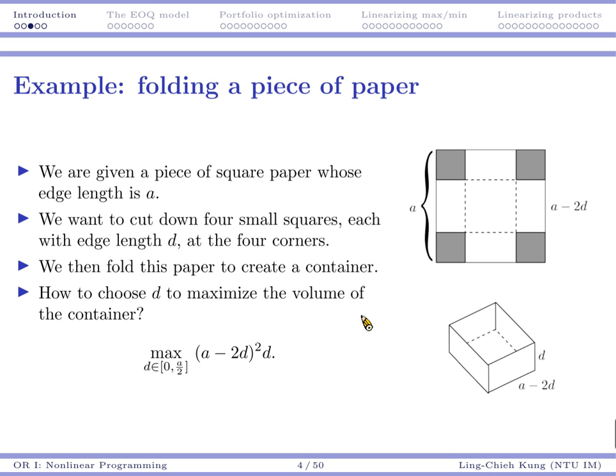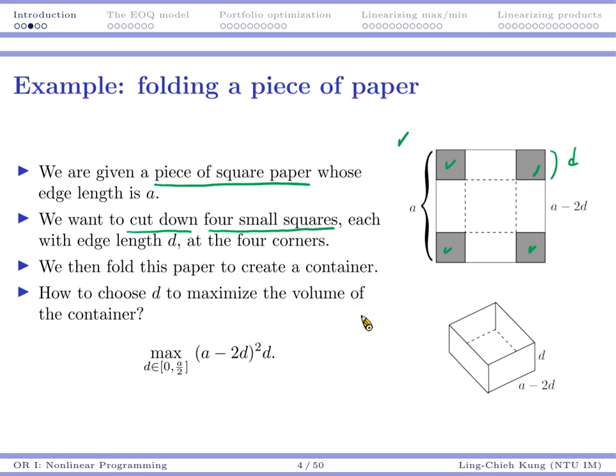Let's see another example. So in this example, you are given a piece of square paper, and the length at one side is A. Okay, so A may be 10 centimeters, 12 centimeters, something like that. We now want to cut down 4 small squares here, here, here, and here. And once we do that, we want to make them equal size. So this particular length would be small d.